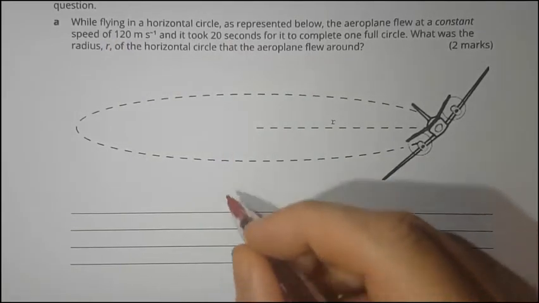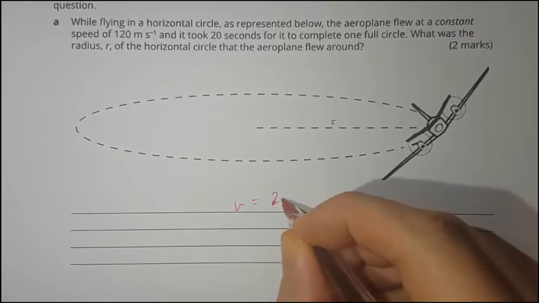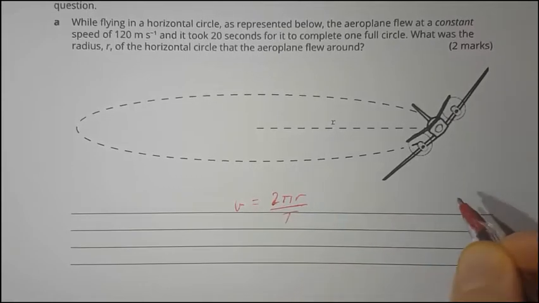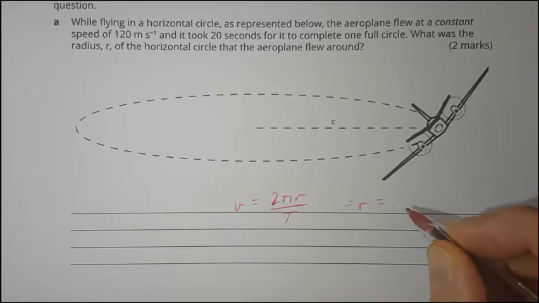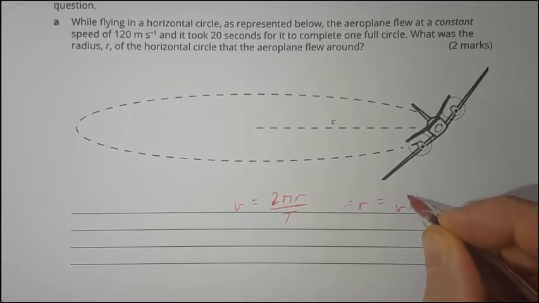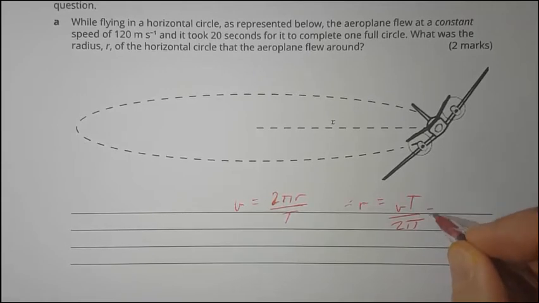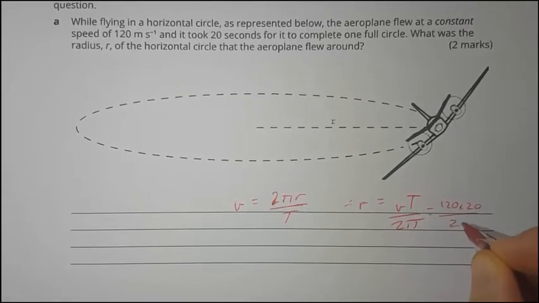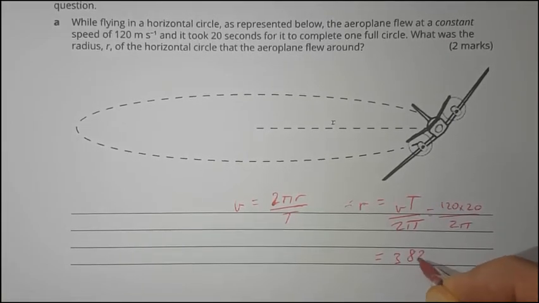Knowing your circular motion, the velocity of an object going in a circle is equal to the circumference, or 2 pi r, divided by the time taken. So rearrange that, and you get r is equal to v times period over 2 pi. Substitute those values in: velocity is 120 times 20 over 2 pi, and you should get 382 meters.